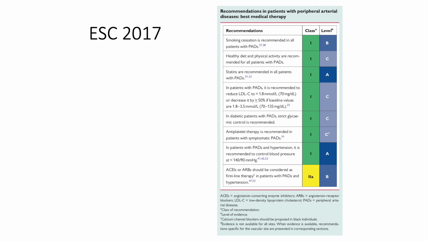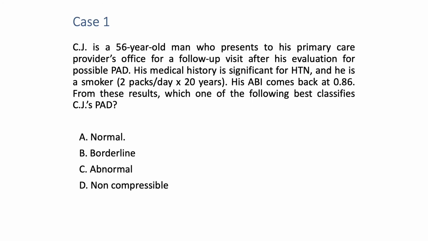In diabetic patients with PED, we have to emphasize strict glycemic control. Antiplatelet therapy is recommended in patients with symptomatic PED. In patients with PED and hypertension, it's recommended to control BP to less than 140/90. ACE or ARB should be considered as first-line therapy in patients with PED and hypertension. That's a class 2AB evidence.